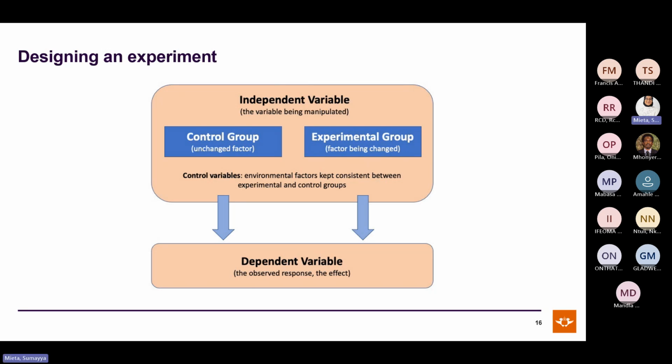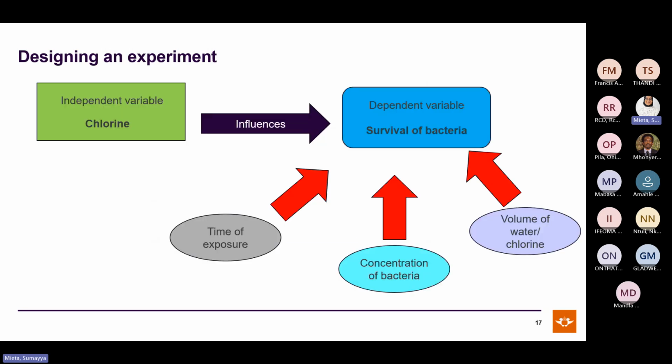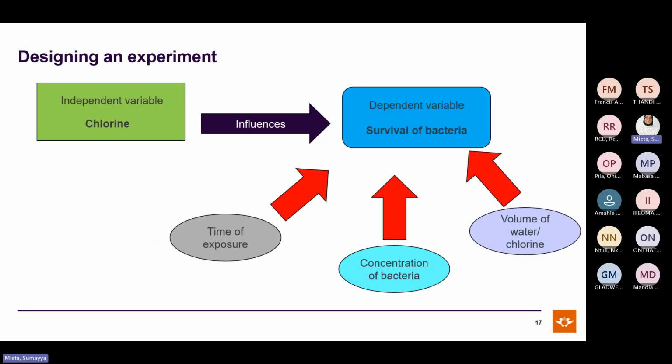Okay, so in the control group, there's an unchanged factor. But in the experimental group, you are changing the factors. Okay, so if we come back to our example, you want to determine the effects of chlorination on bacteria. The independent variable would be the chlorine, okay? Because we want to look at what the effect of the chlorine is.